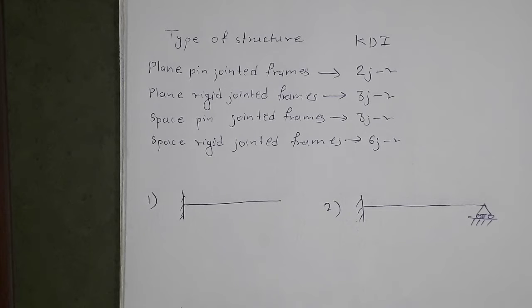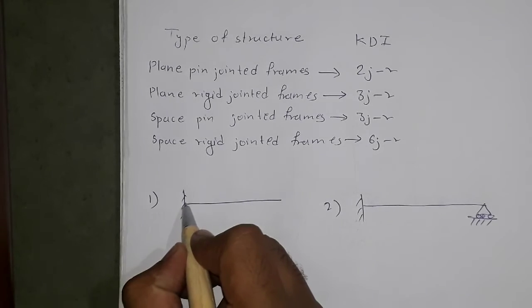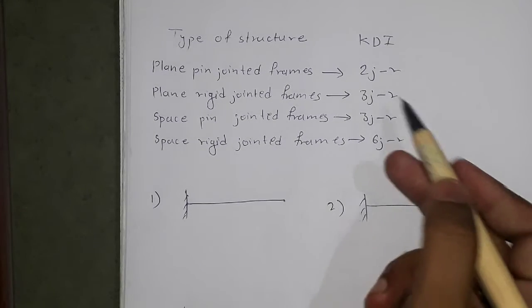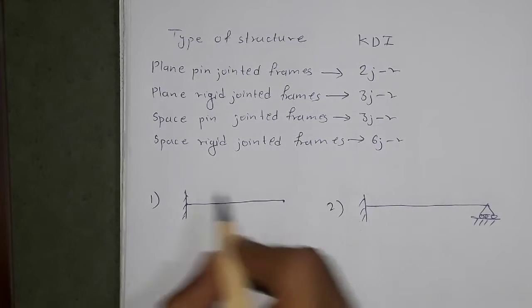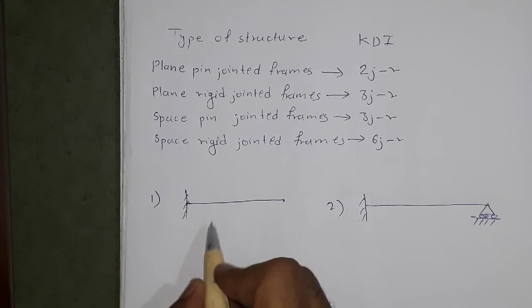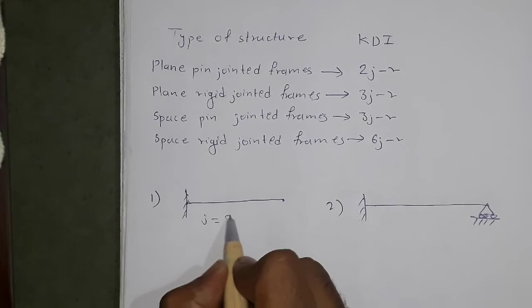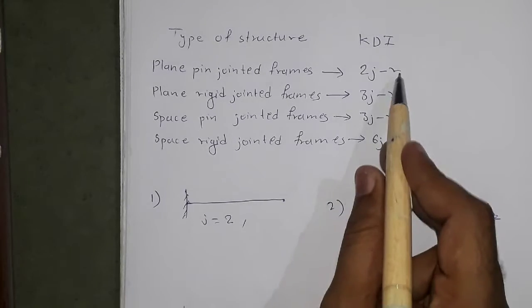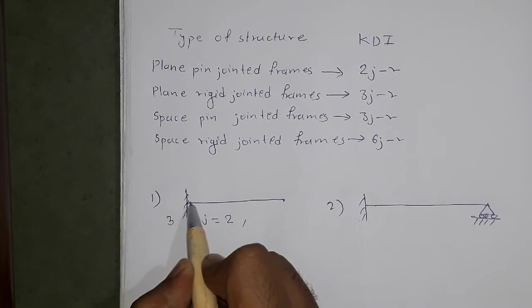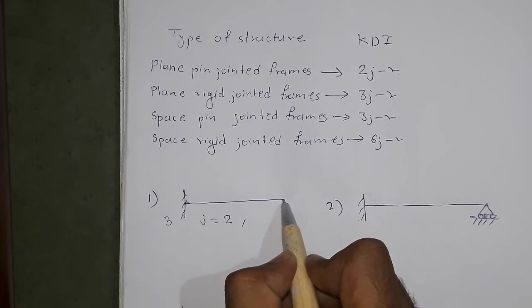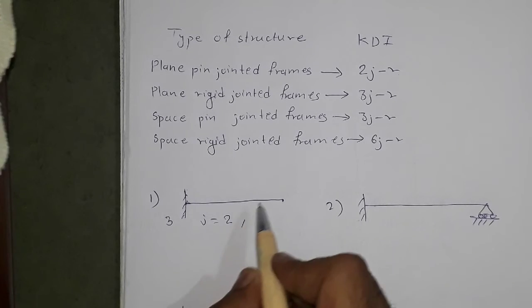So we will solve the first example. We will firstly see the beams and then we will go for frames. For this beam, the number of joints is J. We will first see by the formula. Number of joints will be equal to 2, so J is equal to 2. Number of external reactions will be equal to 3 for the fixed support. For the free support, reactions are 0.